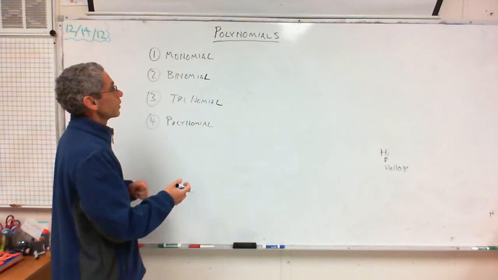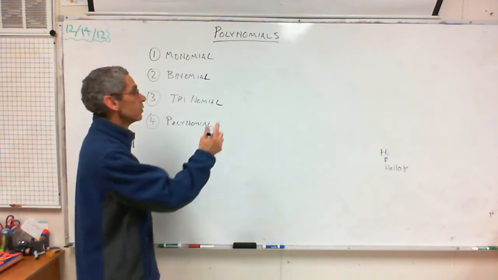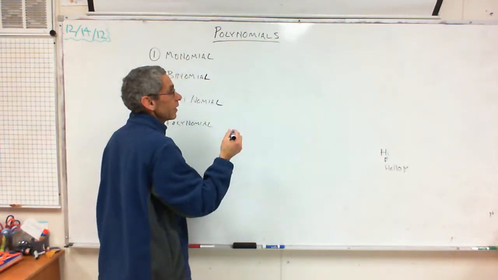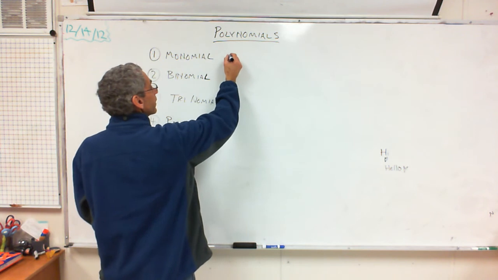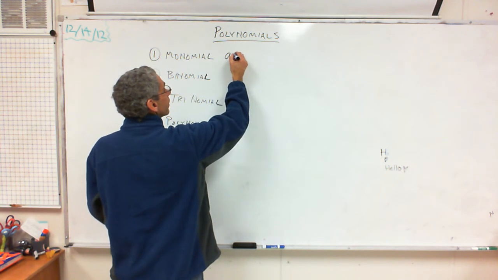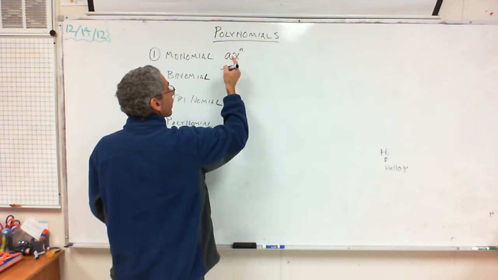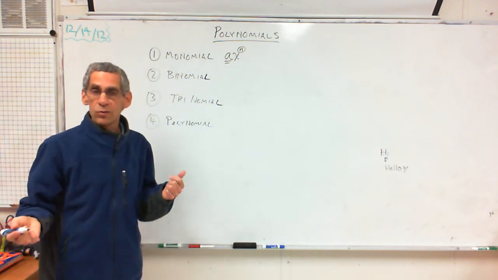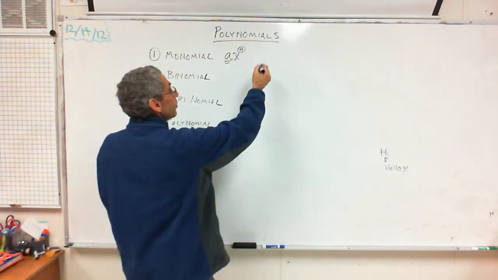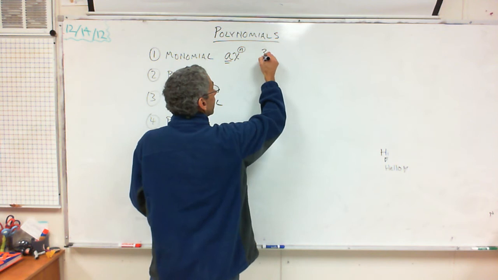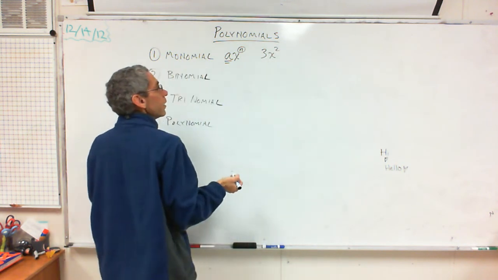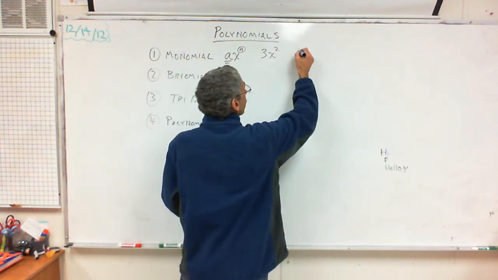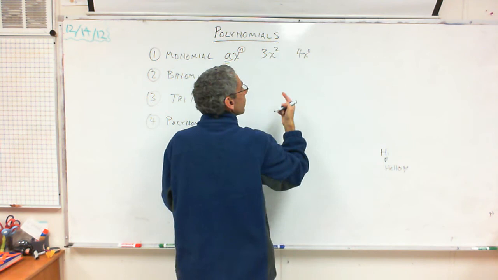So an example of a monomial would be anything. First of all, a monomial is anything that's written in this form: a x to the n, where a is a number and n is a number, but x is a variable, right? So it could be 3x squared. That would be a monomial. How about 4x to the 0?